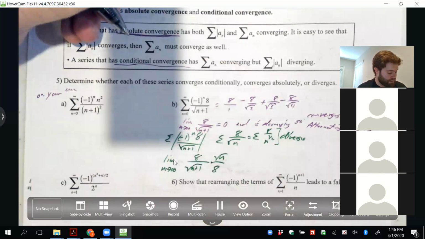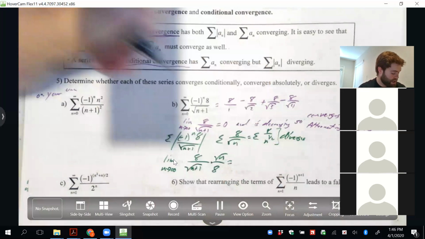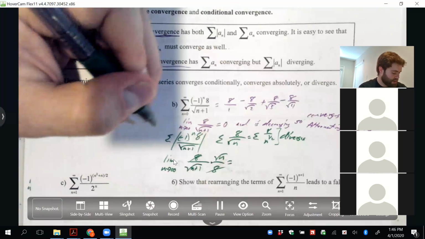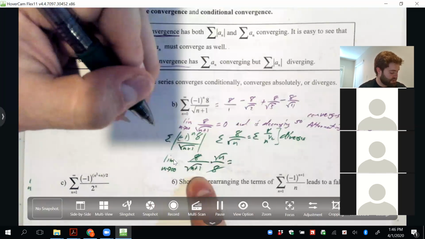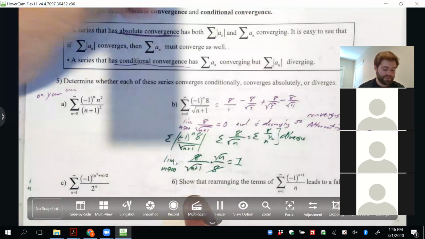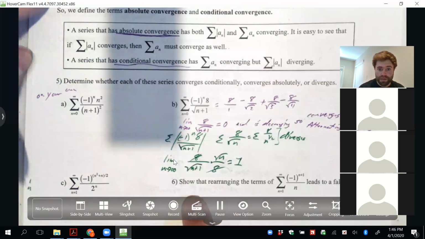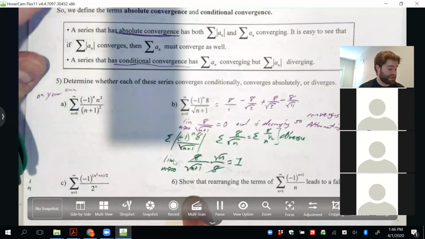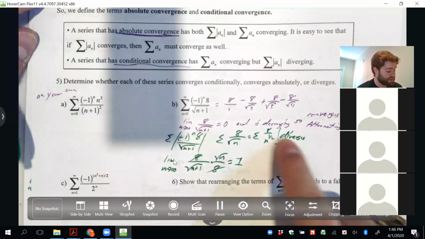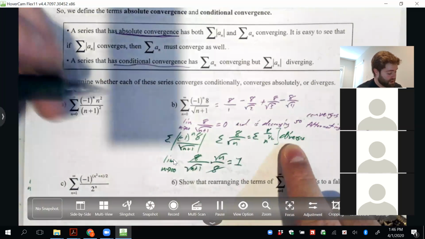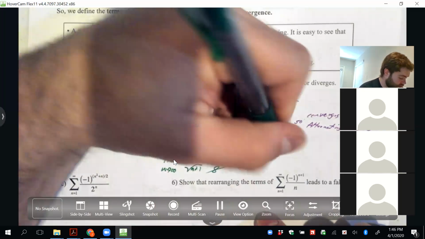When I flip and multiply my bottom fraction, the 8s would cancel. We have limit as n approaches infinity of square root of n over square root of n plus 1. That limit is a positive 1. So that means, by limit comparison test, that they will do the same thing, and the same thing that we are comparing it to diverges, meaning this one also diverges.